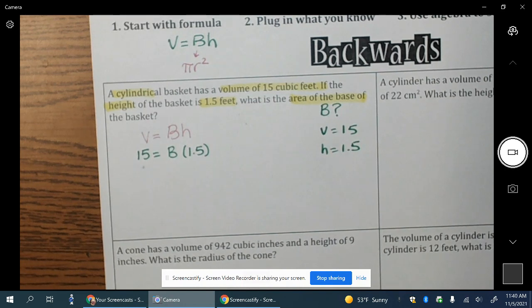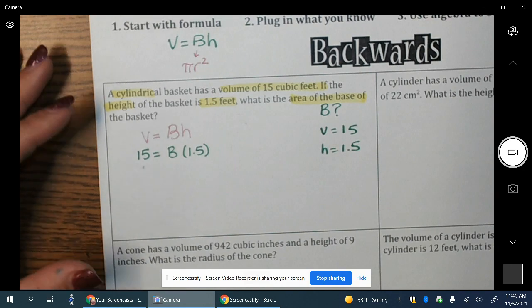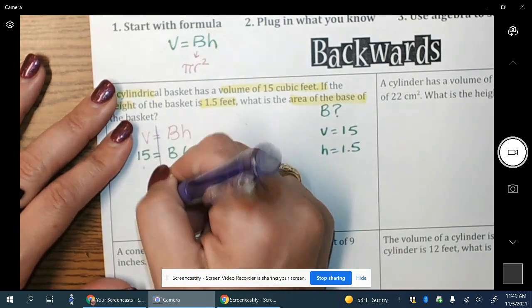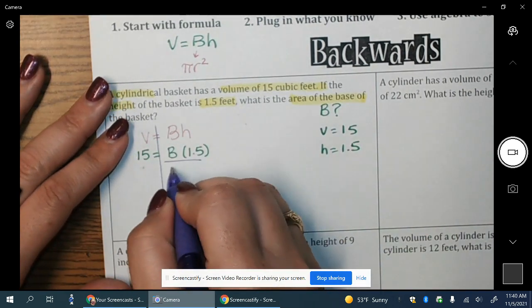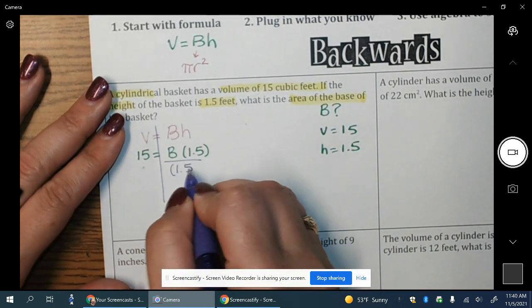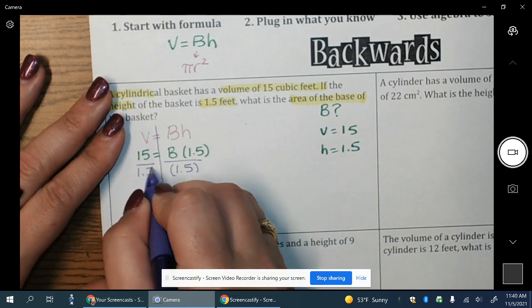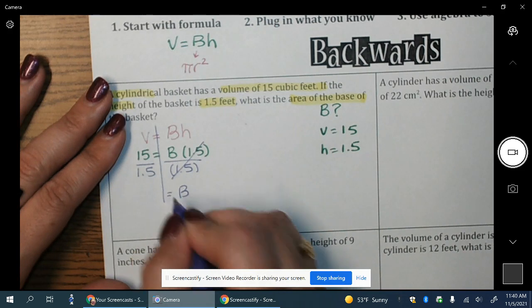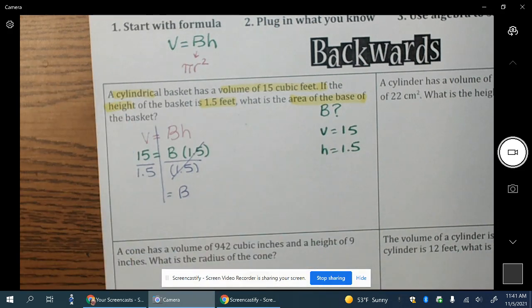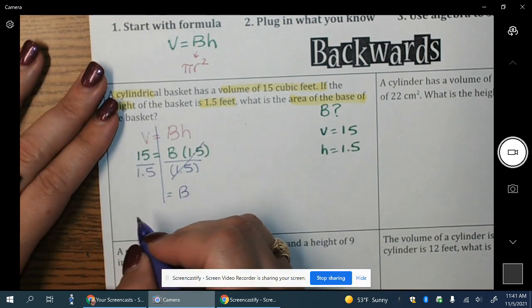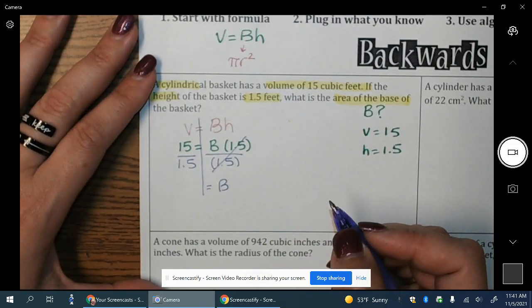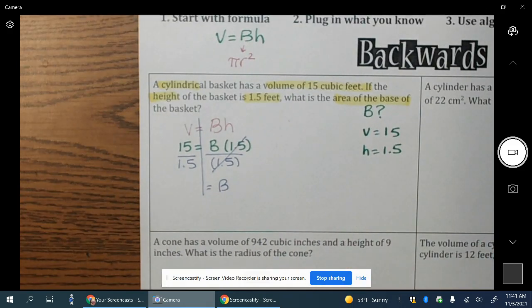Now that last step says to use algebra. Who is hanging out with your B? 1.5. Okay, it's being multiplied. What's the opposite? Divide. Just like the warm-up this morning. So I'm left with B. And what does it equal? 10.